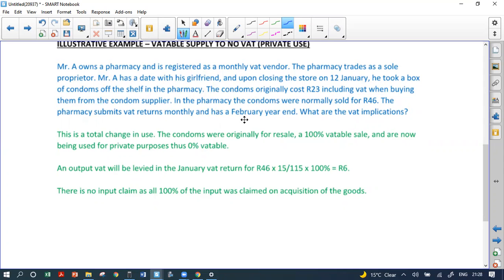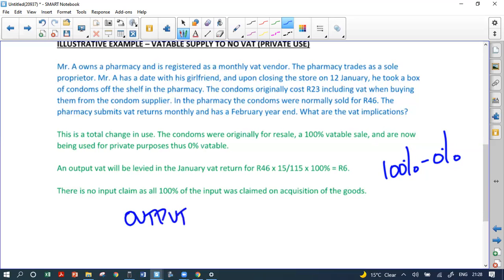In the pharmacy, the condoms were normally sold for 46. The pharmacy submits VAT returns monthly. What are the VAT implications? So it's gone from 100% business to 0% business. Now remember, it's always on the screw the taxpayer principle. So in this case, it's an output.